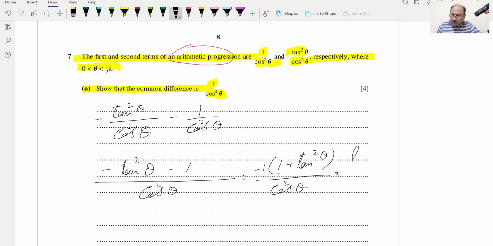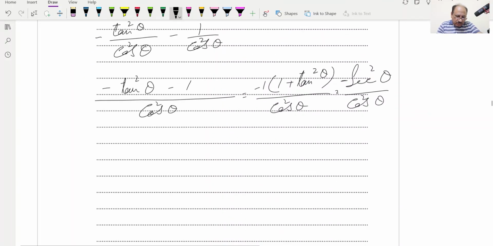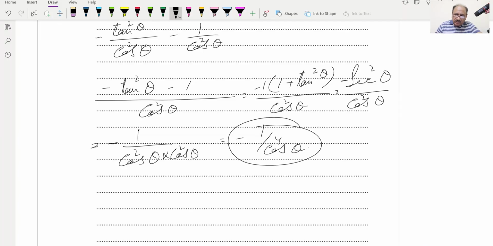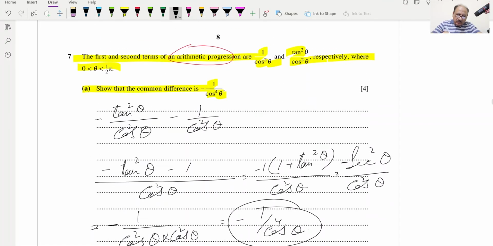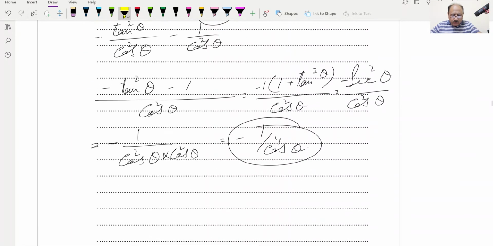This will be equal to secant square theta, minus secant square theta over cos square theta, and secant square theta is 1 over cos square theta, so we can write minus 1 over cos square theta into cos square theta, and this will be equal to minus 1 over cos 4 theta, and this was the answer. Common difference is this one, and this was the 4 marks part. Very easy question, hopefully you understood this.